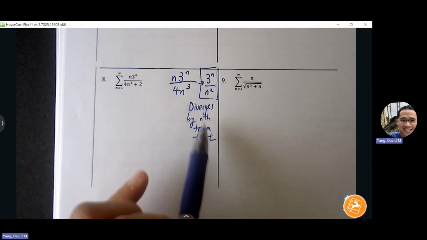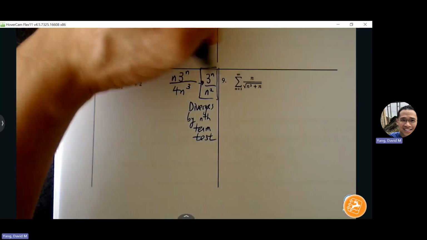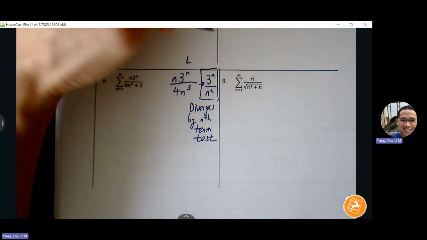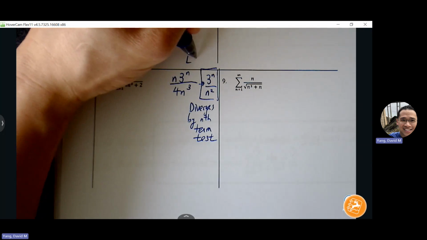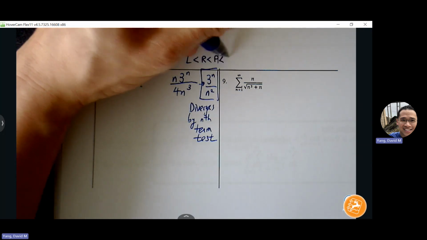For practice purposes, though, let's go through the comparison test. As a reminder, if we're doing direct comparison or comparative growth rates, logs grow slowest, followed by radicals, followed by polynomial, followed by exponential.